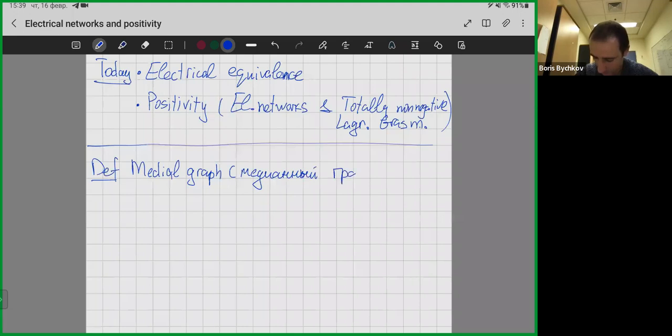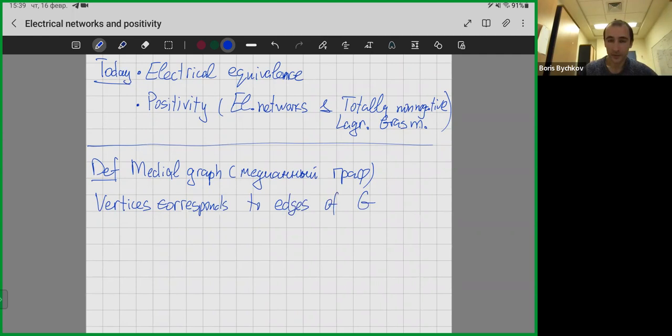The vertices of this medial graph lie on the edges of the initial graph G. So vertices of the medial graph correspond to edges of G, and an edge connects two vertices if the corresponding edges of the graph G have a common vertex.